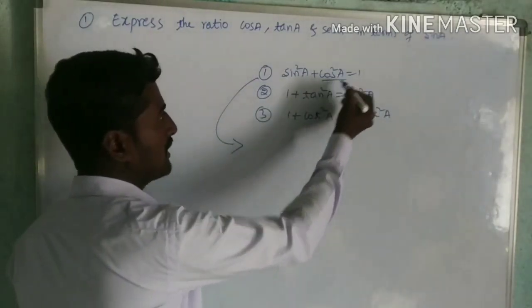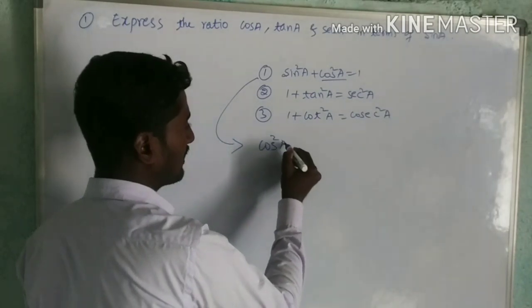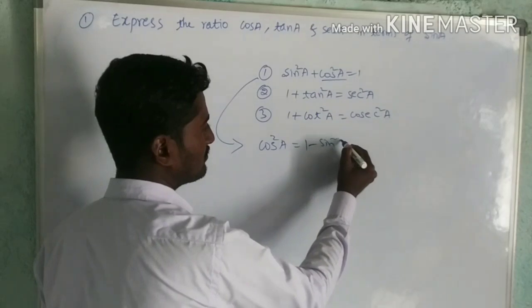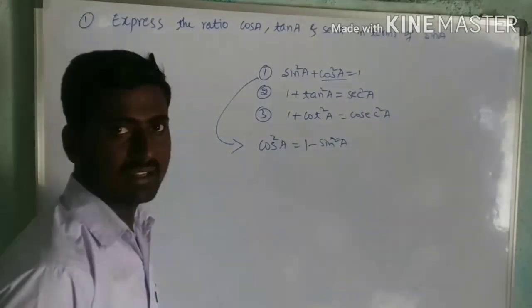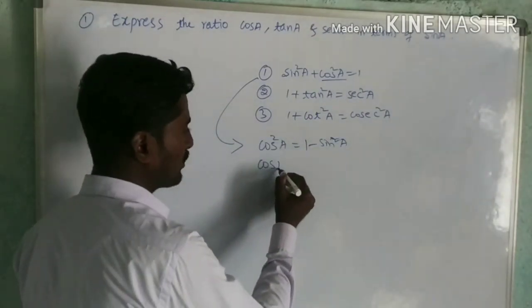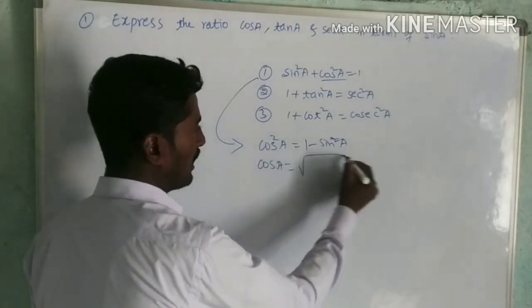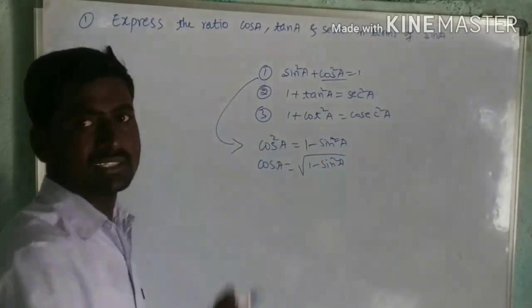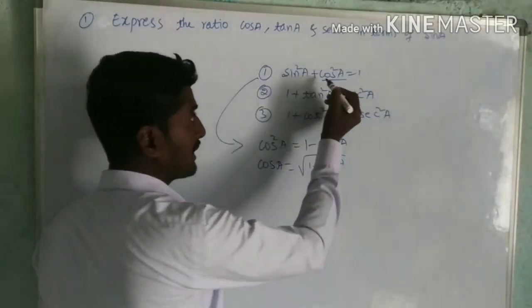How we can convert? Cos square A can be written as 1 minus sin square A. Again, cos A is equal to root of 1 minus sin square A. This formula only we can convert in this way. Or in this way also we can convert.